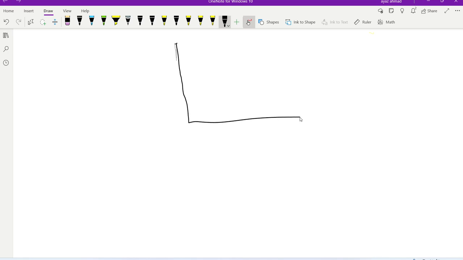So for example, this is voltage, and this is current. Here I will draw this. For example, this is our maximum power point, MPP.